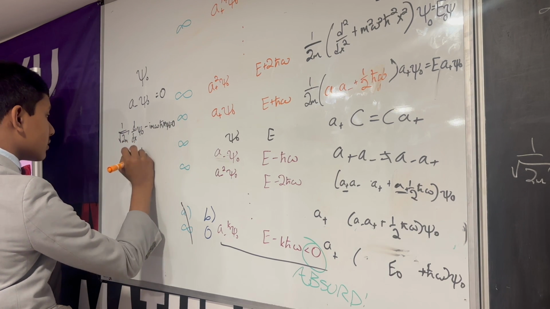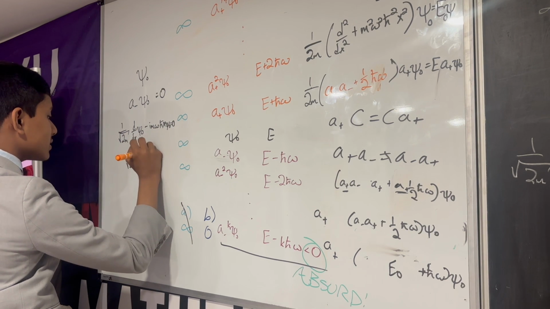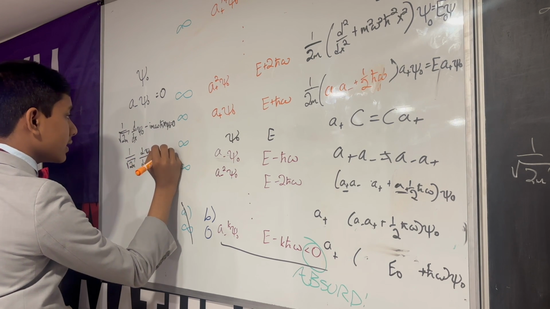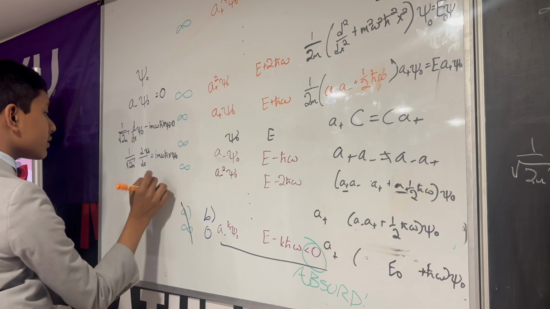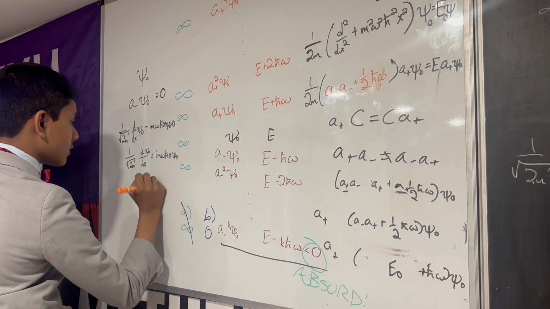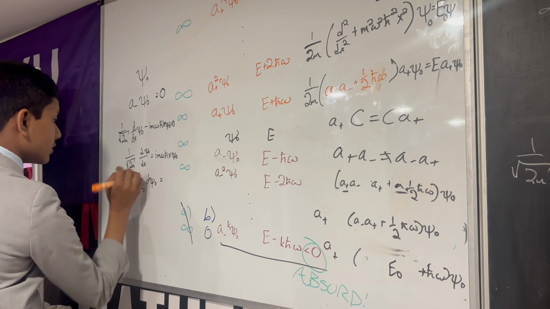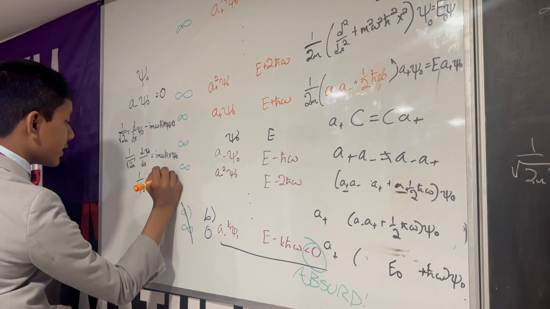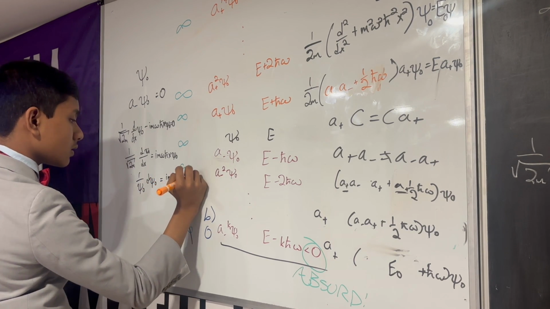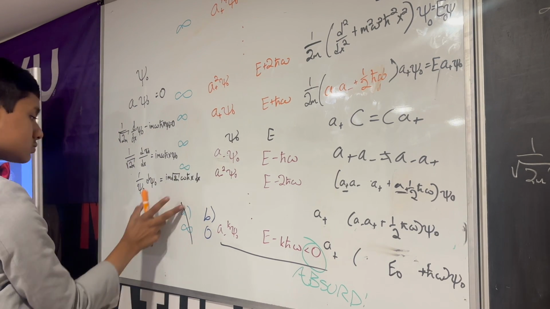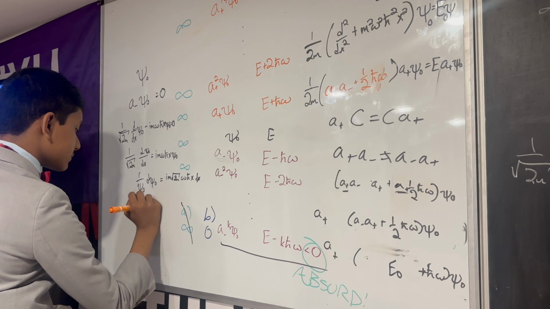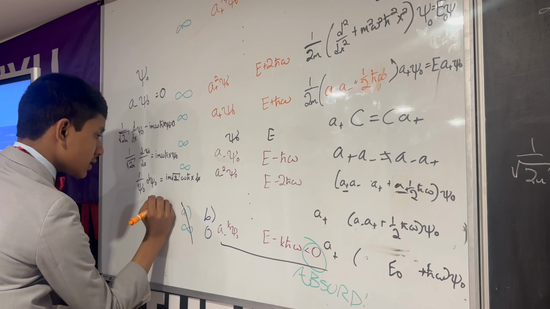Then you bring this over to this side, and you bring all of this over to this side. You integrate on both sides, and you get ln psi naught is equal to I m rad 2m omega h bar x squared over 2.